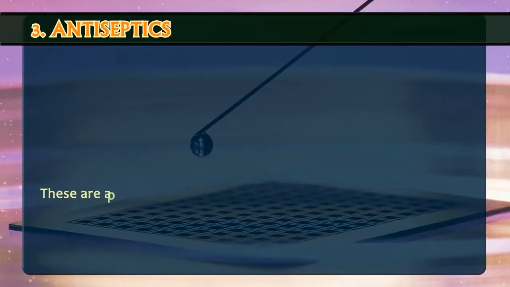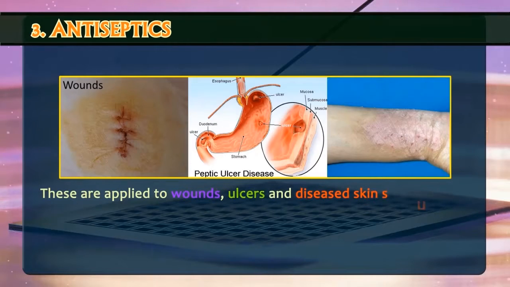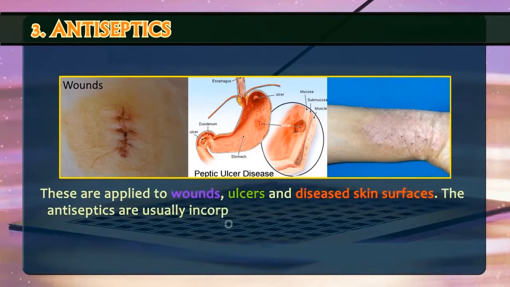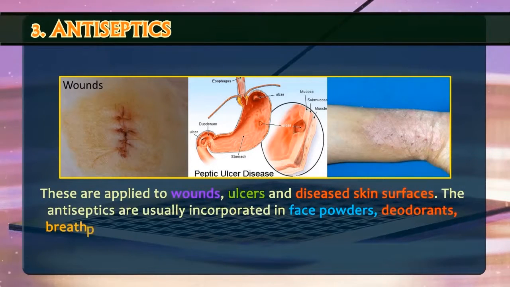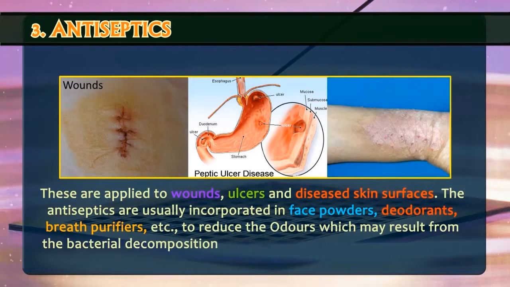These are applied to wounds, ulcers, and diseased skin surfaces. The antiseptics are usually incorporated in face powders, deodorants, breath purifiers, etc. to reduce the odors which may result from the bacterial decomposition on the body or in the mouth.